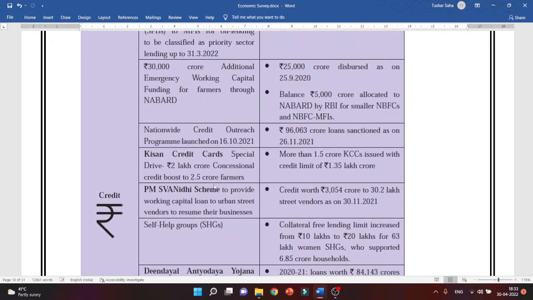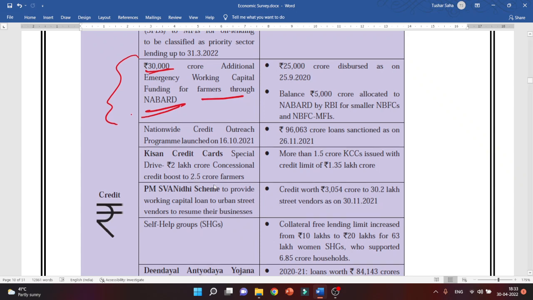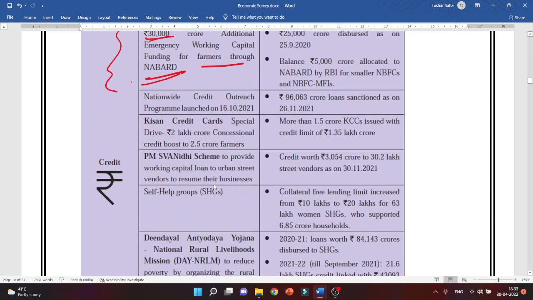Now, rupees 30,000 crore additional emergency working capital fund for farmers through NABARD. Okay, through NABARD. So all the government machinery was used. Then Kisan Credit Card Special Drive, 2 lakh crore concessional credit boost to 2.5 crore farmers.